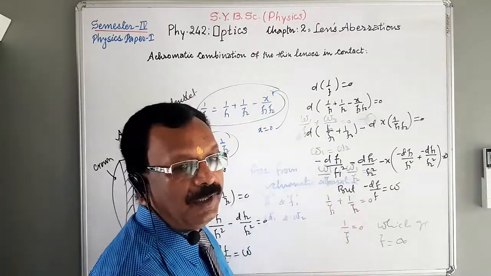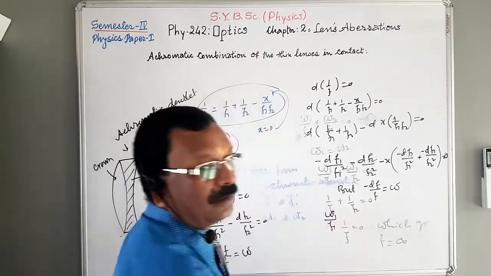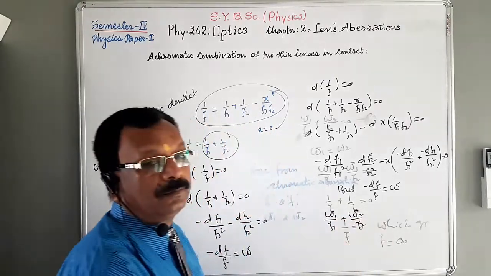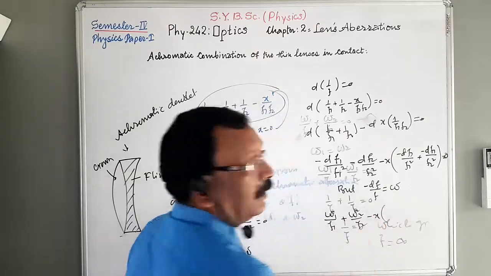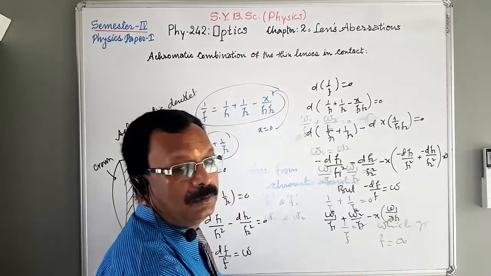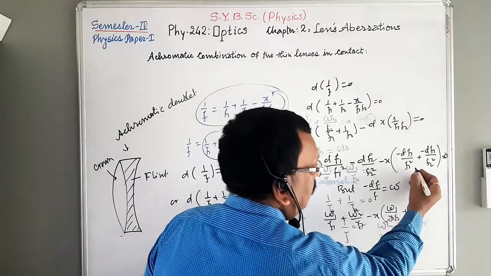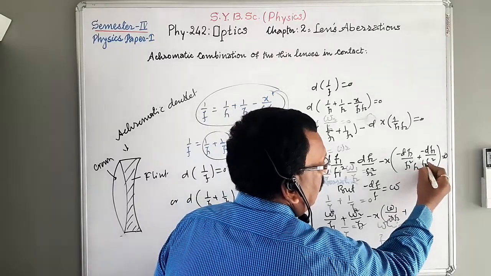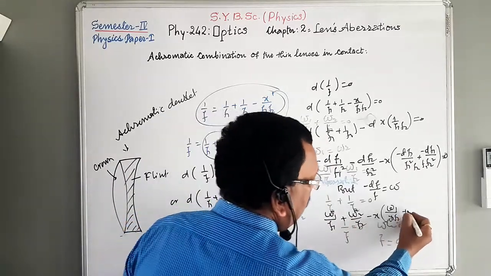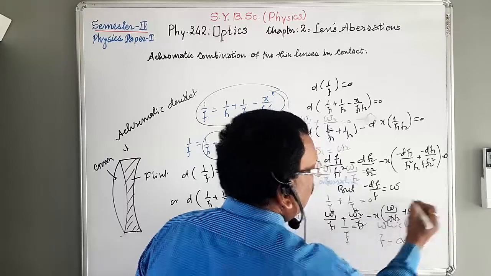So by putting this, we have the equation omega 1 upon f1 plus omega 2 upon f2 minus x times (omega 1 upon f1 f2 plus omega 2 upon f1 f2) is equal to 0.